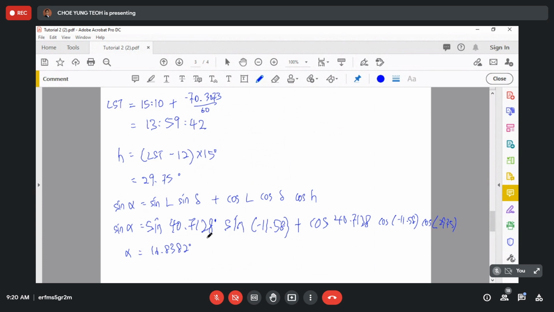GA very fast. So alpha 16.8382. So once you get alpha, then you can get the Z azimuth angle.